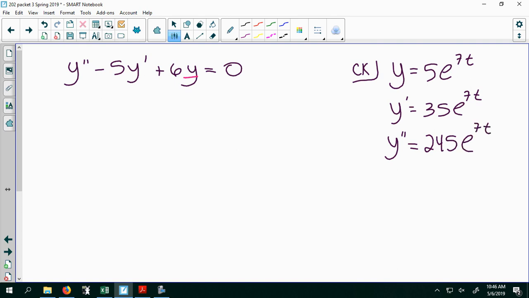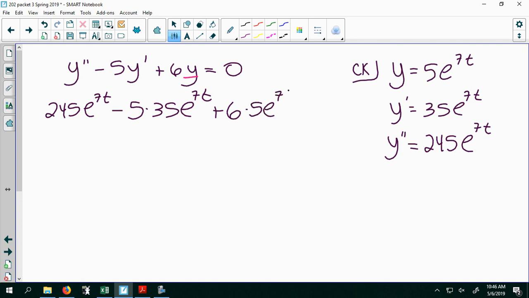Okay, so I'm going to plug these three things in and see, is this equation true? Does the left side equal the right side? So y double prime is 245 e to the 7t minus 5 times 35 e to the 7t. That's 5 times y prime plus 6 times y, 5e to the 7t. Does that equal 0?